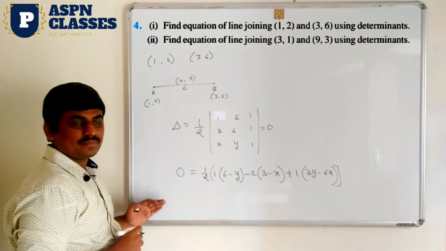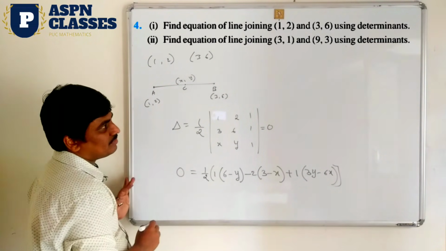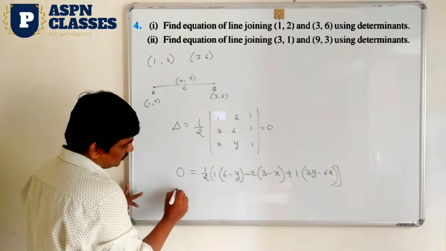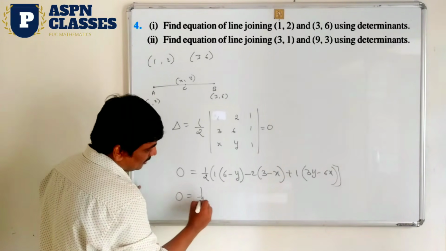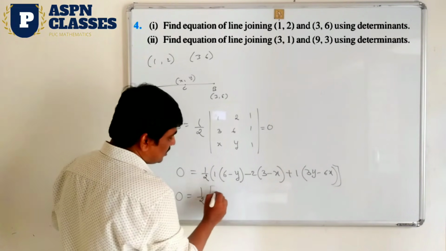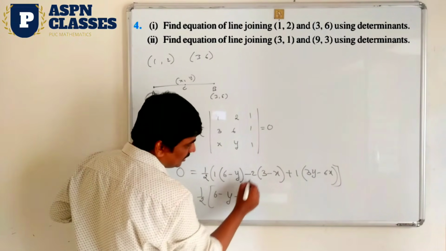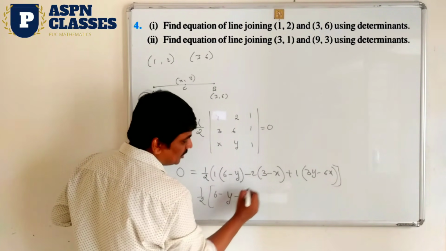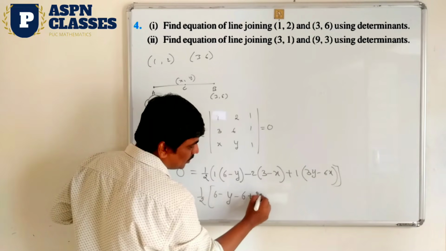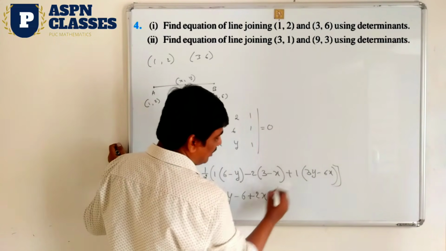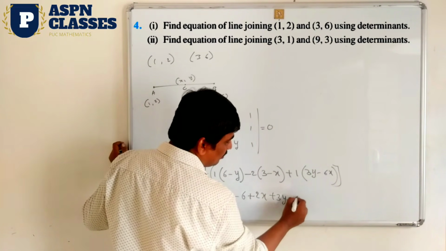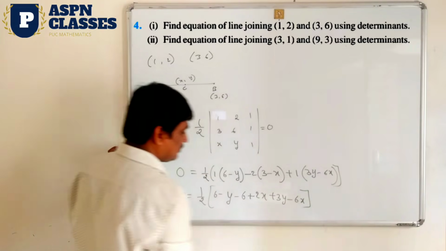I am going to write it here. Okay, now you have to do the simplification completely. 0, write it as it is. 1 by 2 also. So 6 minus y. After multiplying by 1, it means the same answer. Then minus 2 multiplied here. 2 into 3, it means 6, minus minus plus 2x, and 1 multiplied means the same answer, 3y minus 6x, correct?